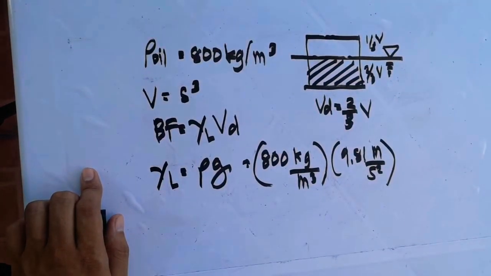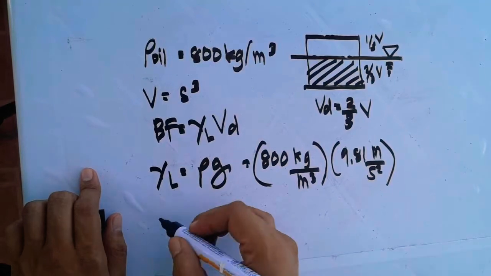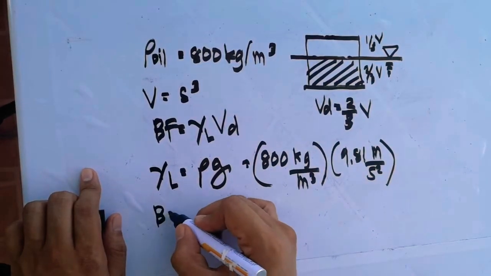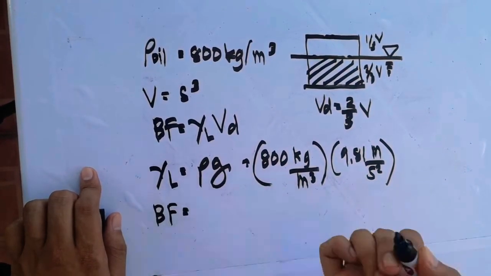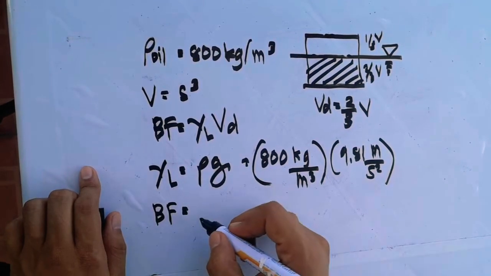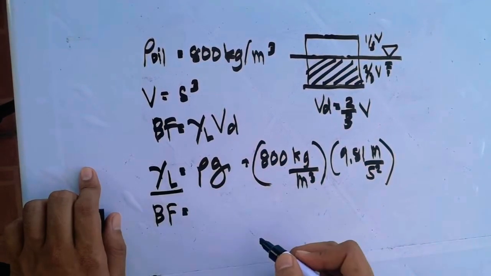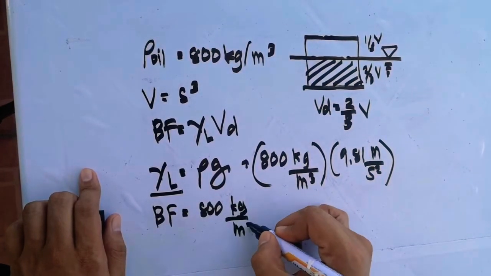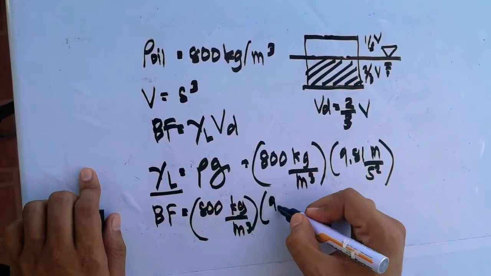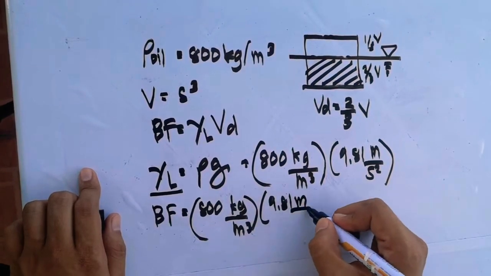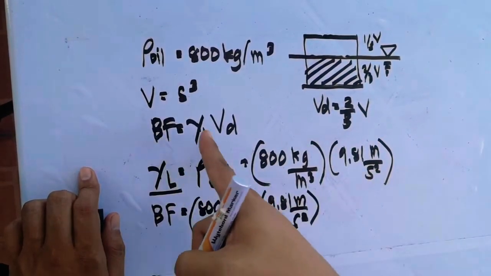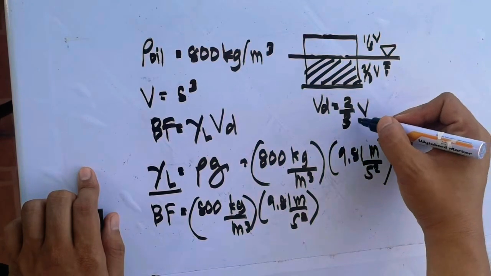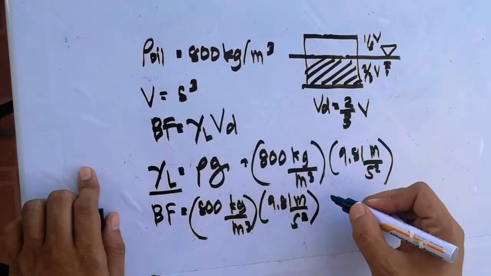So, para ma-compute natin yung buoyant force, the buoyant force on the block is equivalent to this specific weight of the liquid, 800 kilograms per meter cube times 9.81 meters per second squared, times the displaced volume, which is 2/3 of the volume, which is S cube.